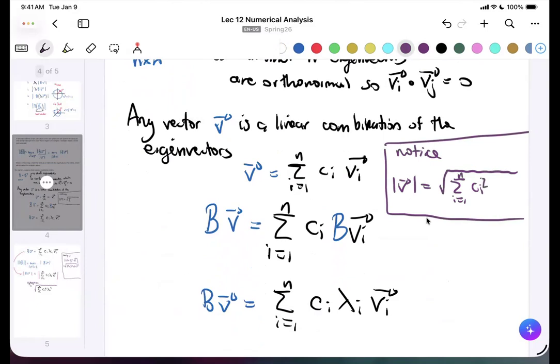Again, that's a version of Pythagoras theorem because these eigenvectors are orthonormal. So you can find the length in exactly the same way as you would have done if those had been i, j and k. That's the advantage of having an orthonormal basis. So if the vector is a unit vector, if the length of the vector is 1, you get that 1 is the square root of this quantity.